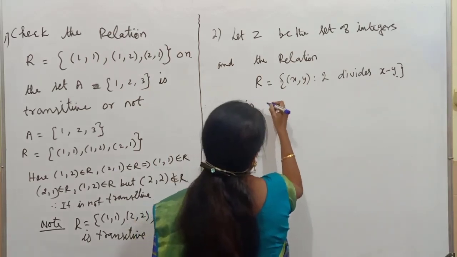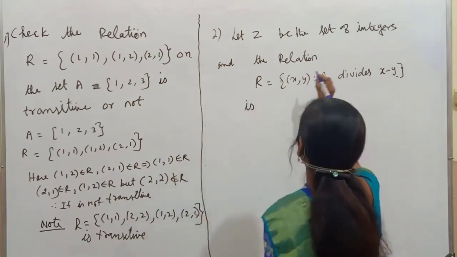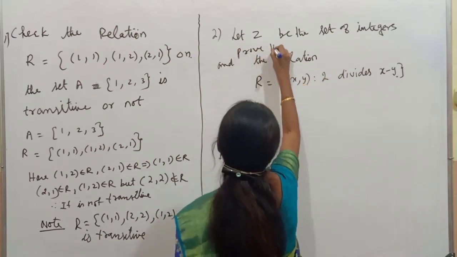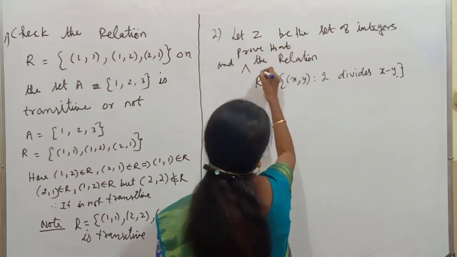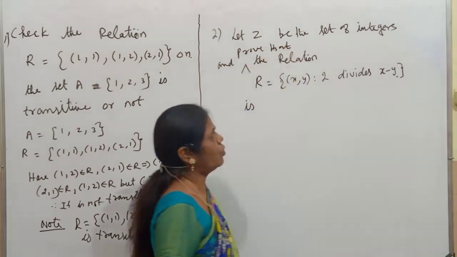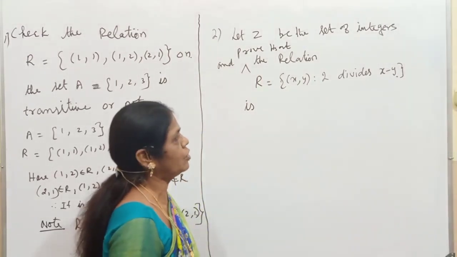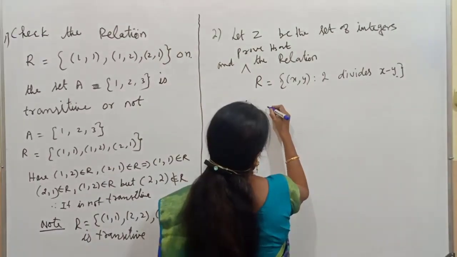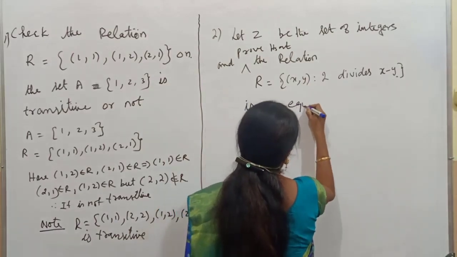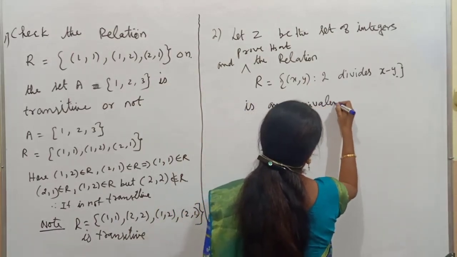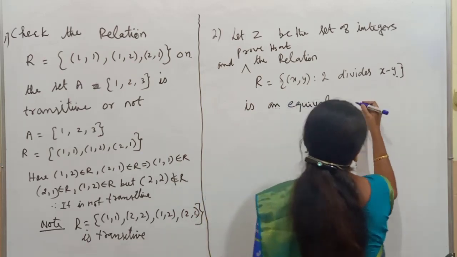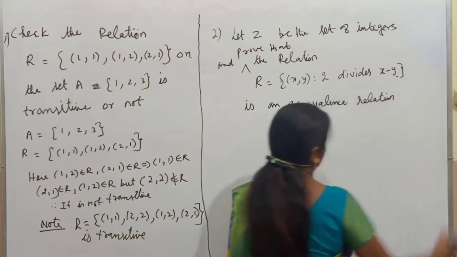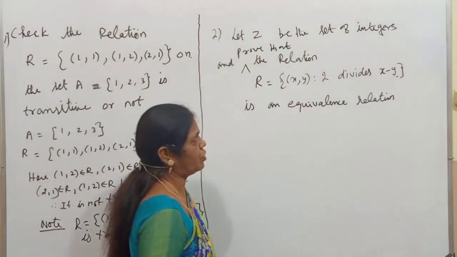Prove that the relation R = {(x, y) such that 2 divides x minus y} is an equivalence relation.